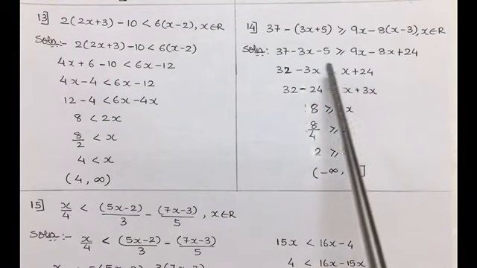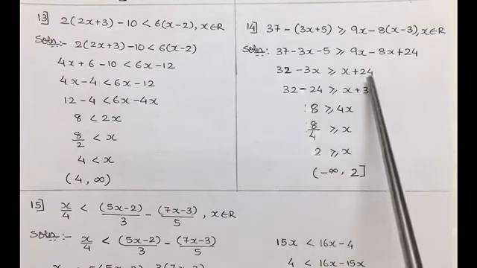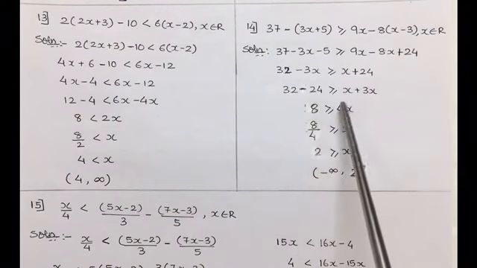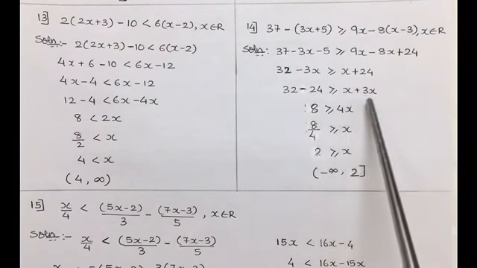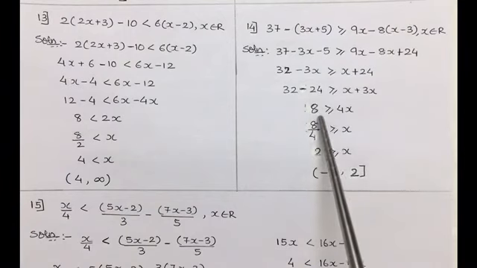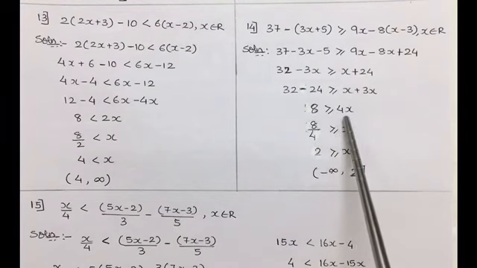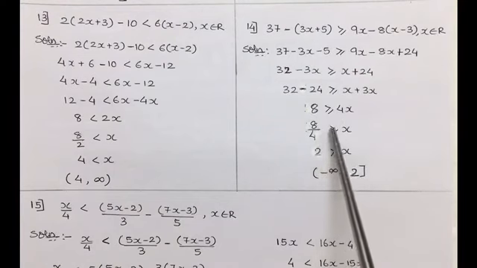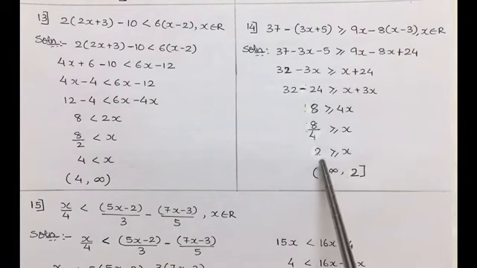Now shifting 24 the other side and minus 3x the other side, we get 32 minus 24 greater than or equal to x plus 3x. So 32 minus 24 is 8 greater than or equal to 4x. So 8 divided by 4 greater than or equal to x, that makes it 2 greater than or equal to x.